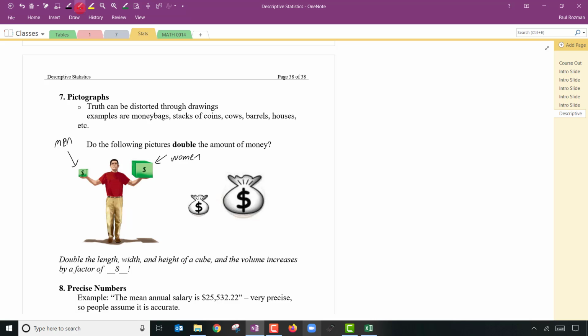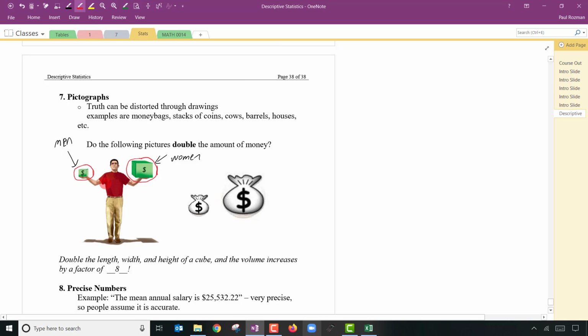And I don't know what I'm supposed to be comparing. Am I just comparing the heights? Or am I comparing the volume of these money cubes? Because if I just double one side of a cube, I increase the volume by a factor of 8.